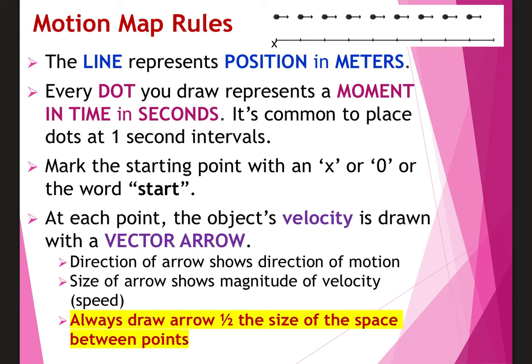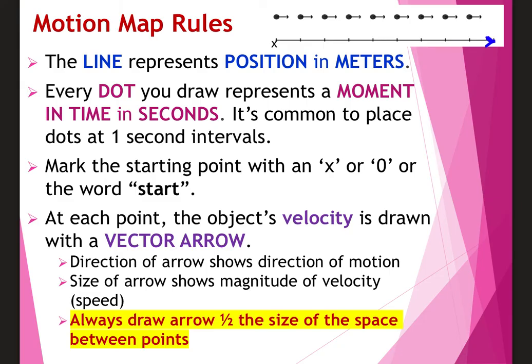Okay, so a motion map has a couple of basic parts. Number one, it's got a line, and this line represents the position in meters. That's this line that you see right here. I'm going to draw an arrow on the end of it.